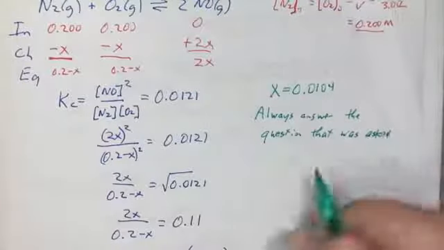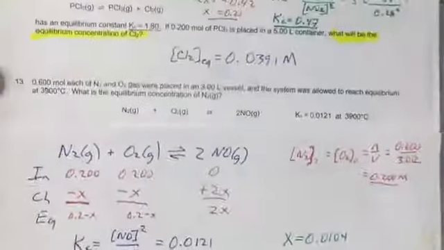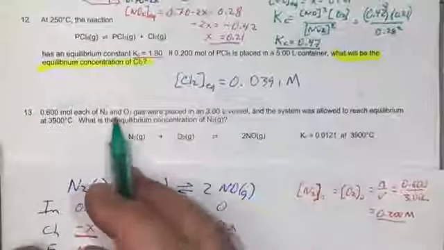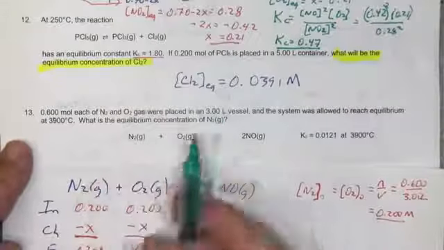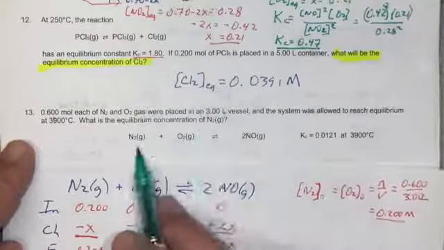So let's look back at the question. What question was asked here? The question number 13 says, 0.6 moles of nitrogen and oxygen each were placed in this container. What is the equilibrium concentration of nitrogen, which is right here?